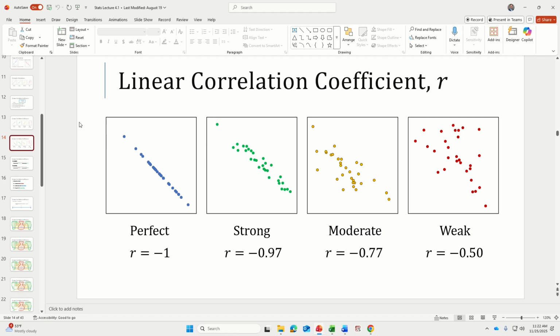And so you can see again that R values that are closer to 0 are going to introduce more dispersion in your scatter plot.